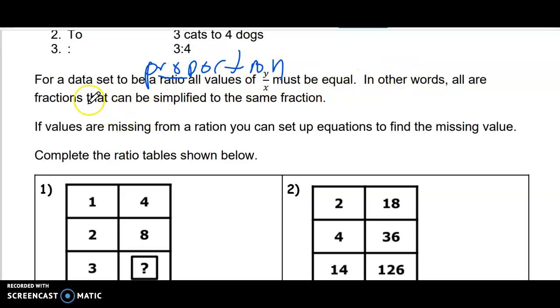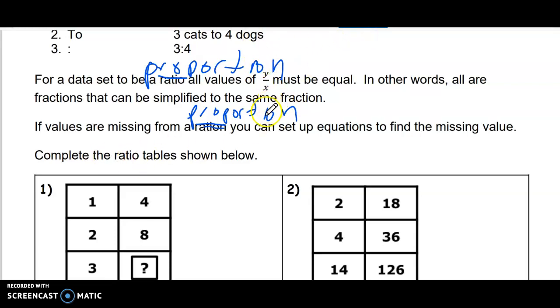In other words, all are fractions that can be simplified to the same fraction. If values are missing from a proportion, you can set up equations to find the missing value.